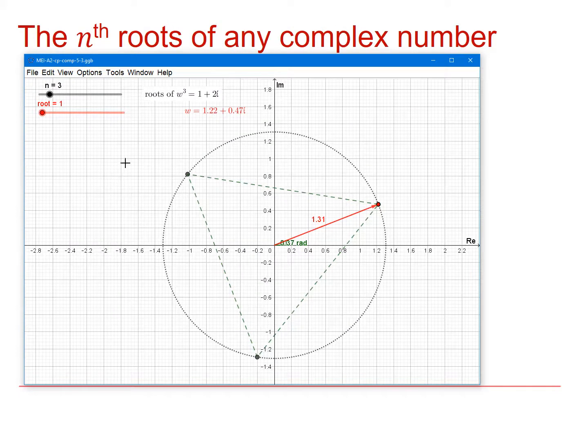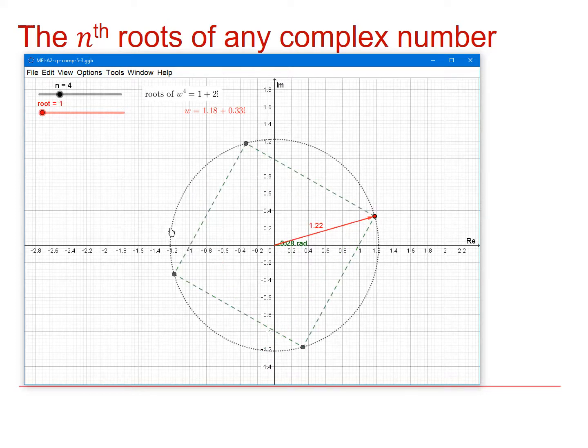Let's have a look at a plot for the nth roots of any complex number. This example is based on a complex number 1 plus 2i, and there are 3 cube roots here, power 3. There's the first one, there's the second one, there's the third, and they're evenly spaced around this circle. And this circle has a radius of about 1.3. If I up the power to 4, you can see the radius of the circle is reduced slightly.